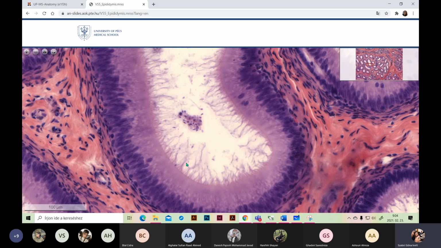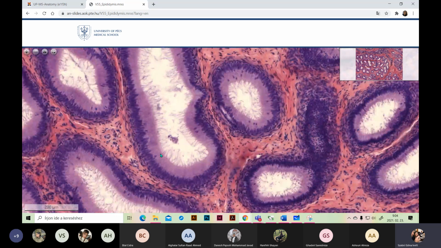They are very long, and they are not parallel to each other, they are attached to each other. That's why we know these are stereocilia on the surface. It's a pseudostratified columnar epithelia with stereocilia.